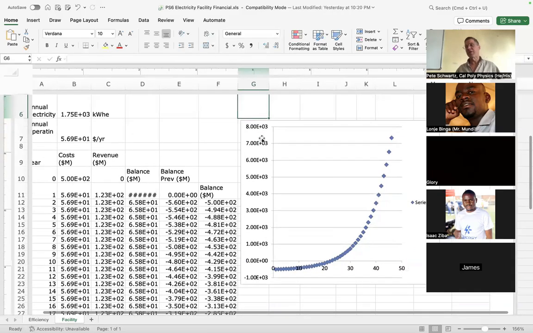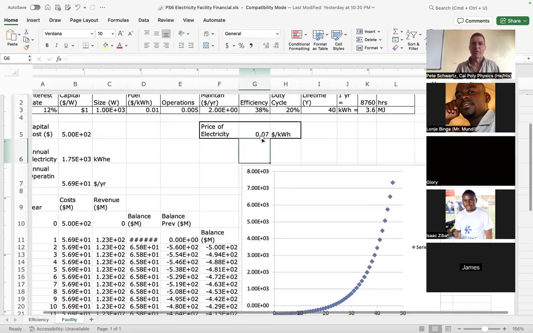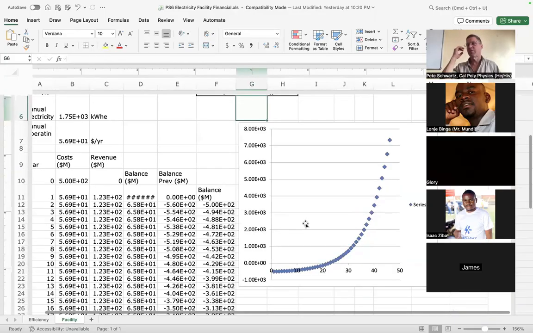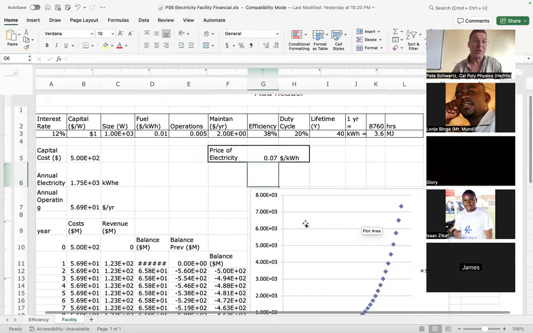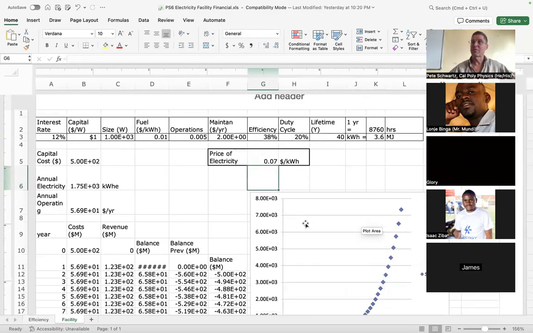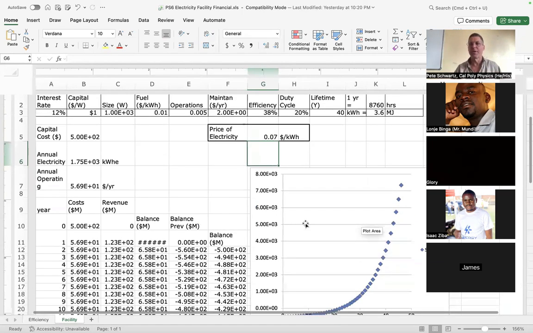Yeah, if it's 7 cents a kilowatt hour, then it would take 20 years to pay off. But I just threw in some numbers, right? You have to be more careful about the numbers you put in. Great question. And you should definitely use this and think about the different options we have in Malawi.